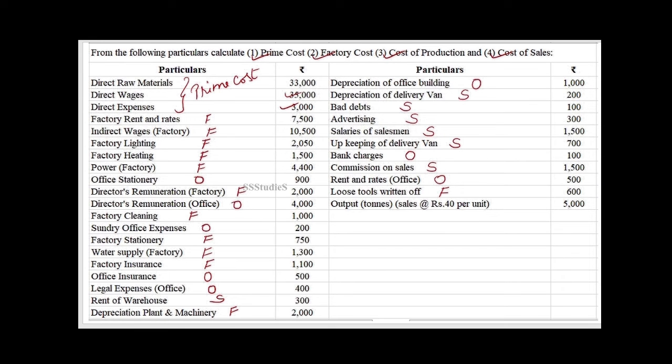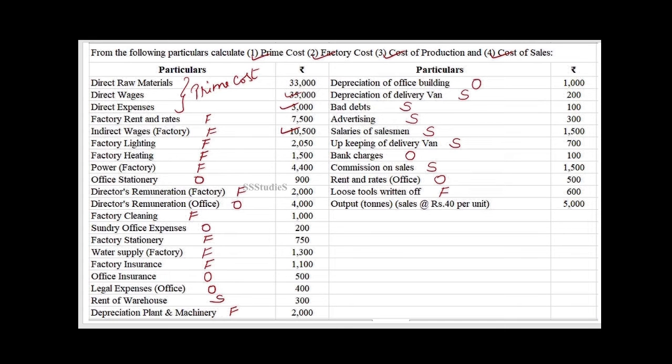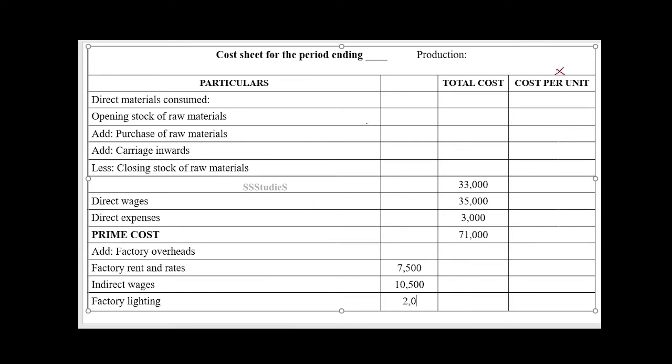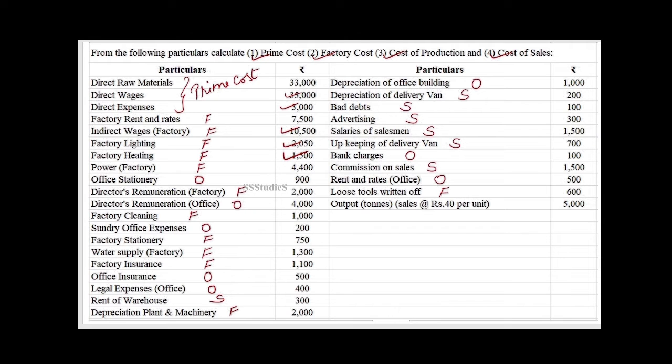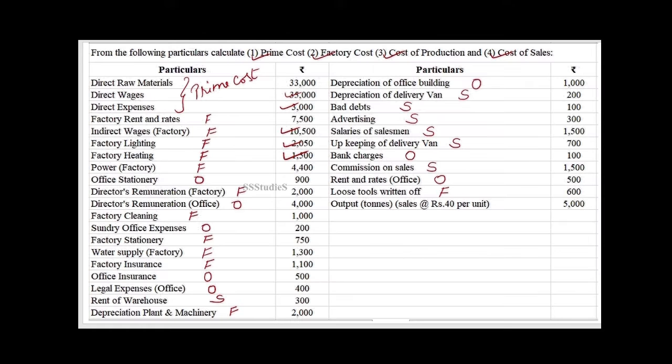Then indirect wages factory, 10,500. Factory lighting, 2,050. Factory heating, 1,500. Power, 4,400.